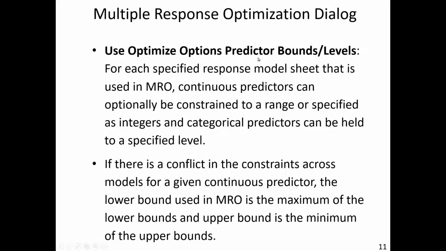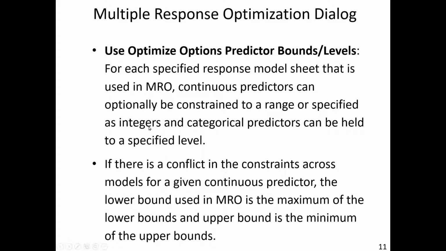Use optimize options, predictor bounds, levels. So in the model, you can constrain continuous predictors to a range, or you can actually constrain it to one value, or you can specify the predictors as integers.